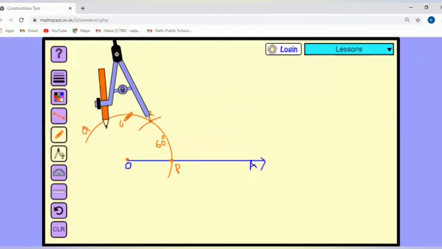So 60 plus 60, 120 degrees. Name this point as S. Join O to S and extend OS and produce OB ray.